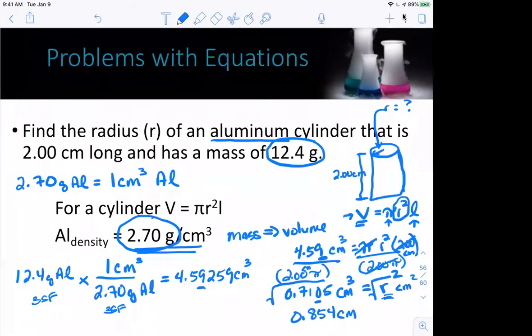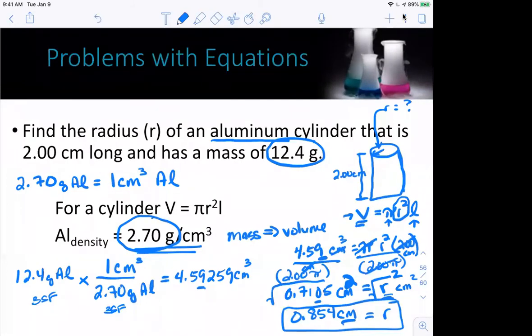Actually, this is centimeters squared because 1 centimeter canceled there. If I take the square root, I get 0.854 centimeters is equal to r, and that's going to be my final answer.